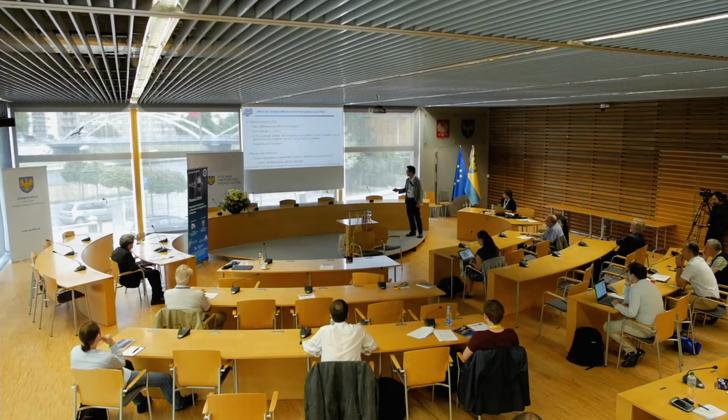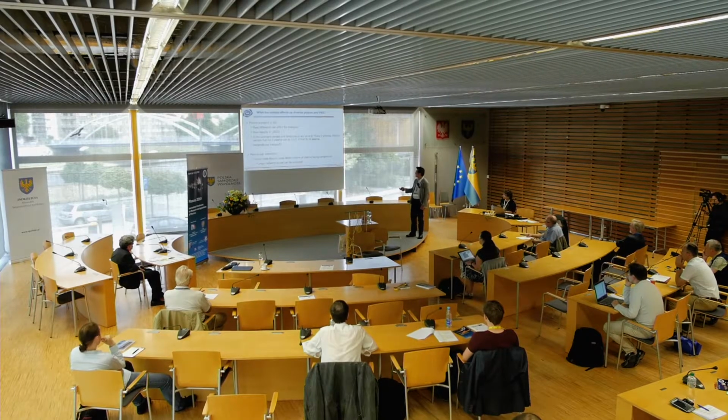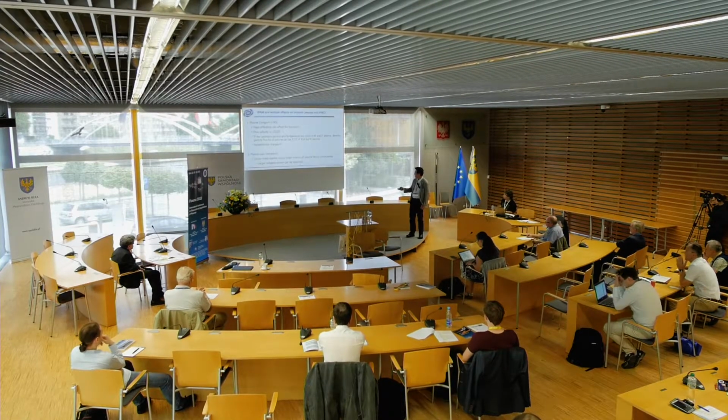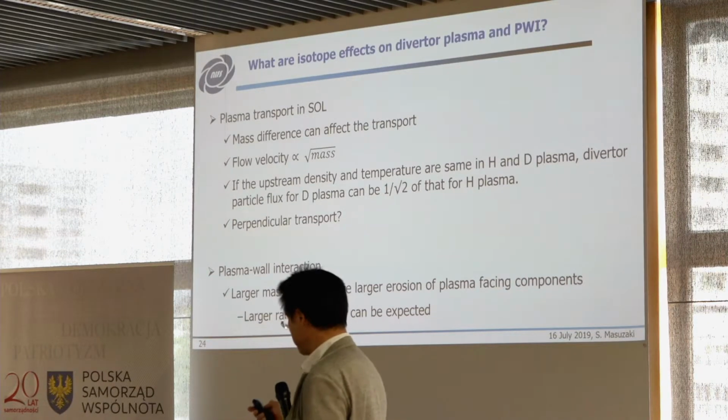And what about perpendicular transport? Let's see. And the plasma wall interaction. It is very evident that larger mass species cause larger erosion of plasma-facing components. So a larger radiation power can be expected.